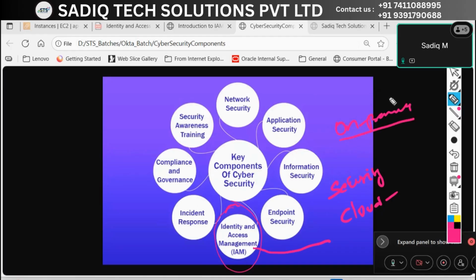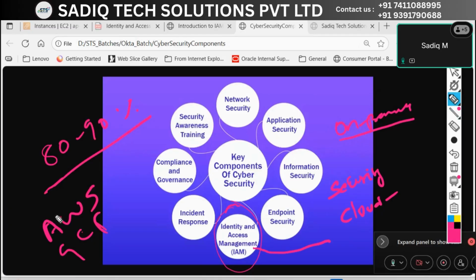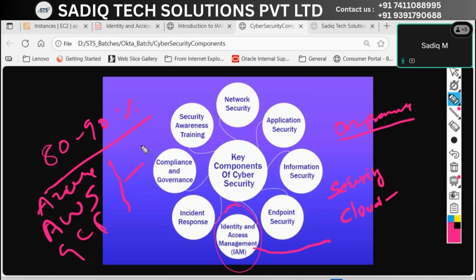Now nobody is using on-premises, or at least I can say 80% to 90% of people are using cloud-based solutions only, because of the best cloud providers we have: AWS from Amazon, Google Cloud, and Microsoft Azure. These are the three best providers we have, and they are cost effective.